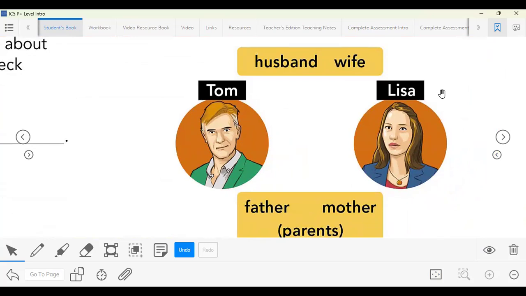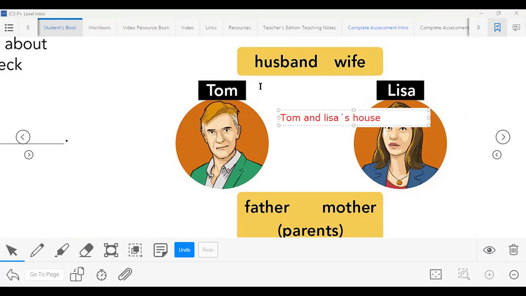For example, if we would say Tom and Lisa's house. Tom and Lisa's house. So it means that it's of both, right? Tom and Lisa. But just the last that we mention, Tom, no apostrophe, and Lisa's house.